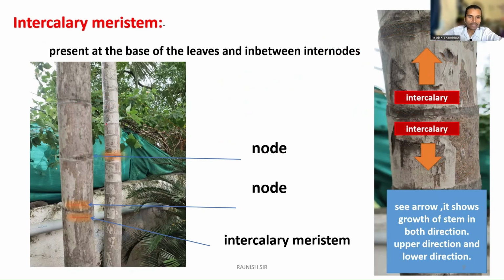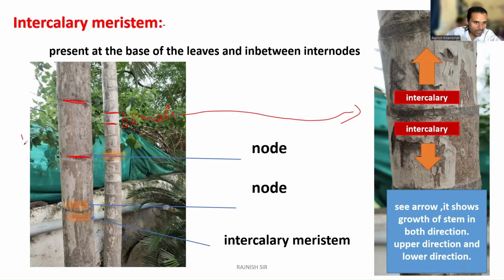And directly you can compare here. In this picture, the node is small. And when they will be growing according to this right side direction, down and up, this internodal region will become longer.